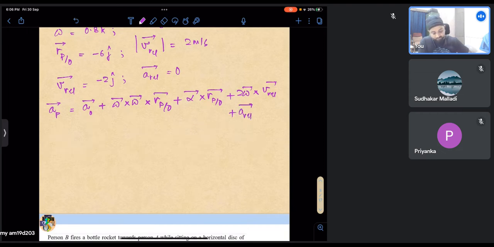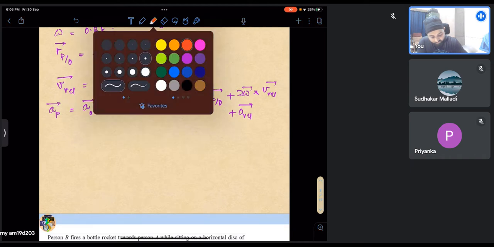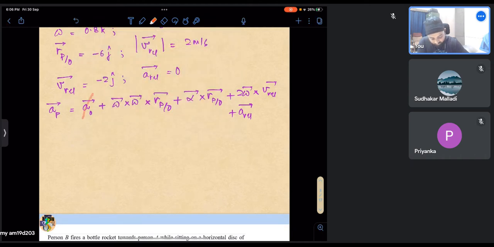We'll have this big expression, but many terms here go to 0. This is the axis about which it is spinning, so no acceleration here. It is spinning with a constant angular speed, and our a rel also is given to be 0.